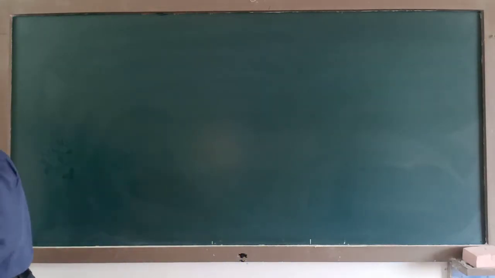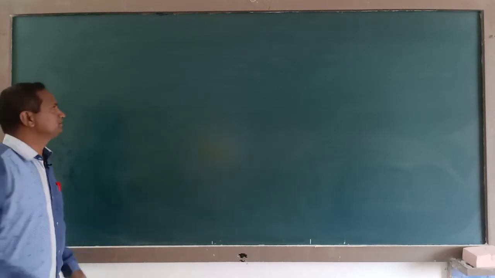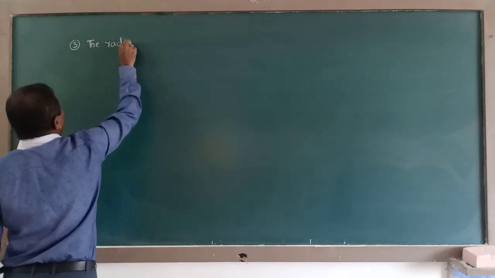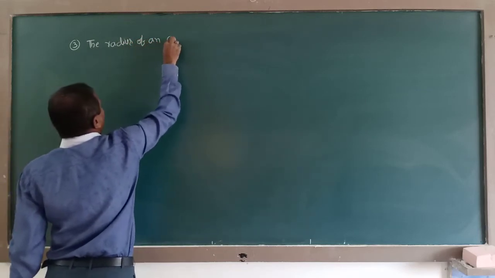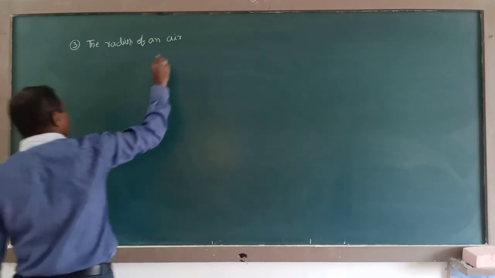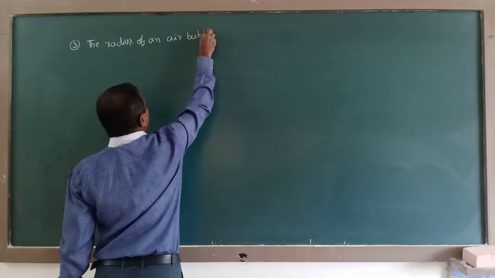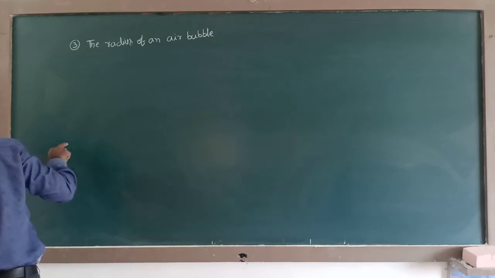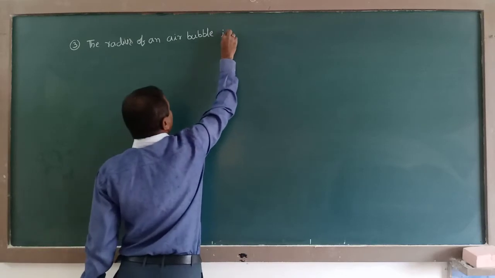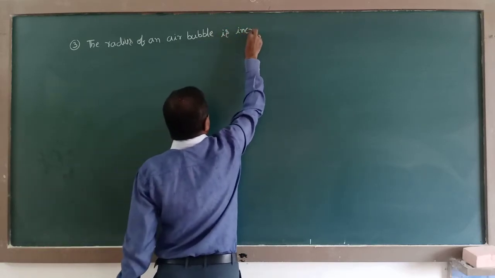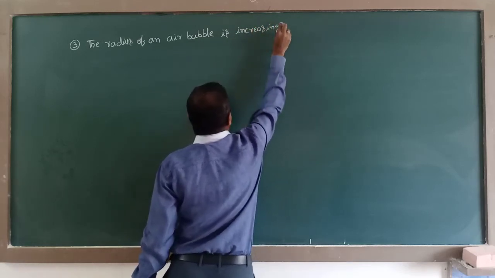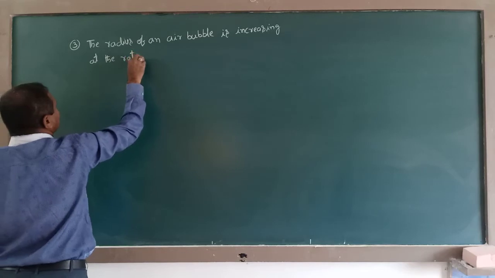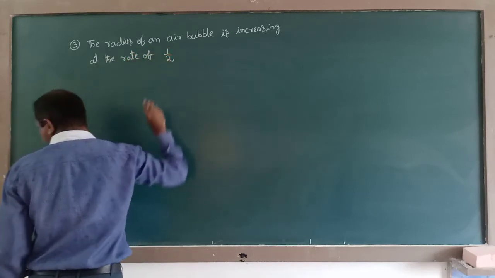The next question is: the radius of an air bubble is increasing at the rate of 1/2 centimeter per second.